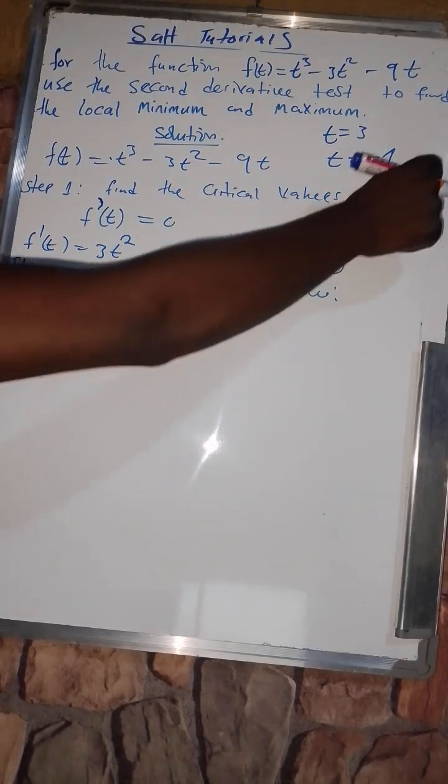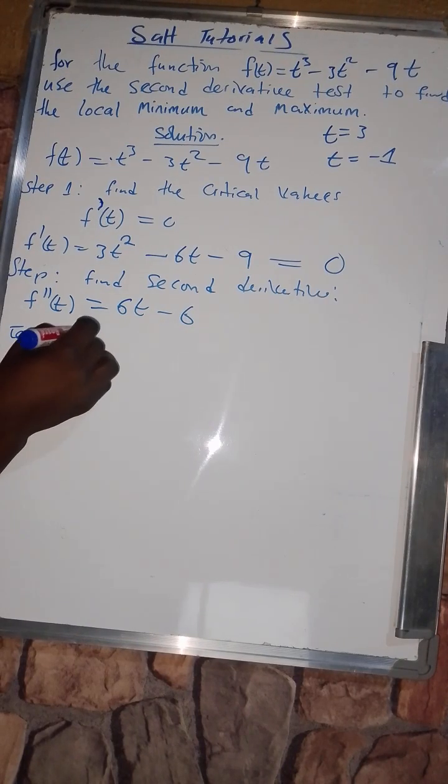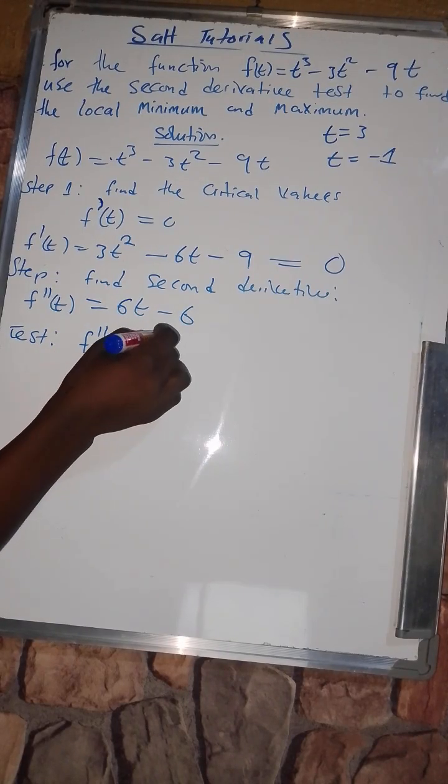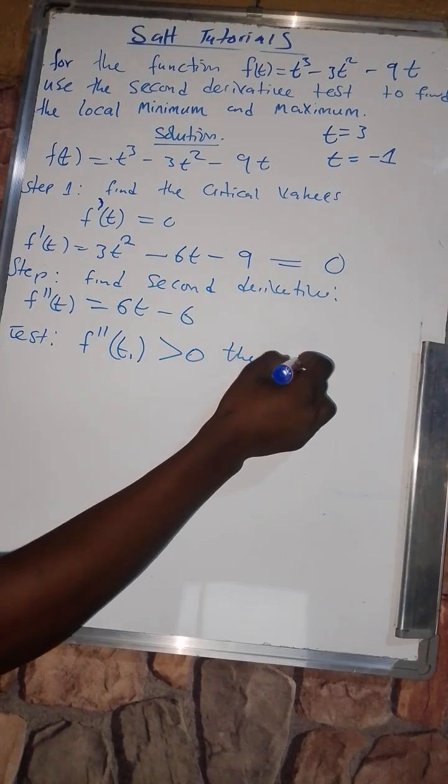So what is the test? The test is as follows. If f double prime of that value is greater than 0, then t1 is a local minimum.